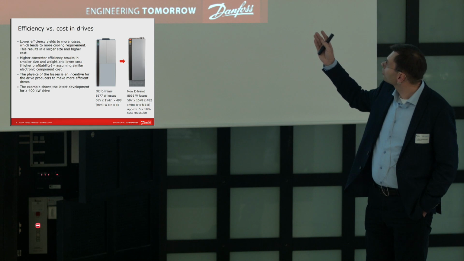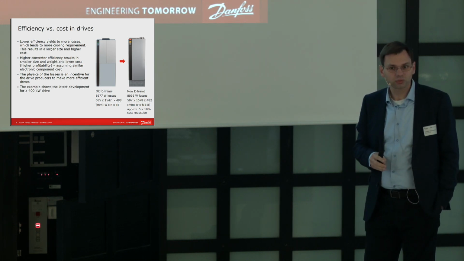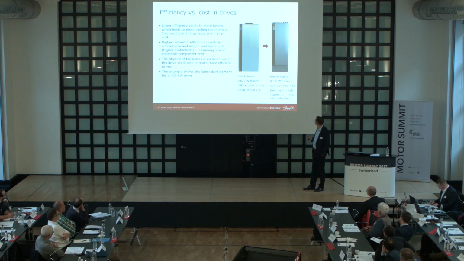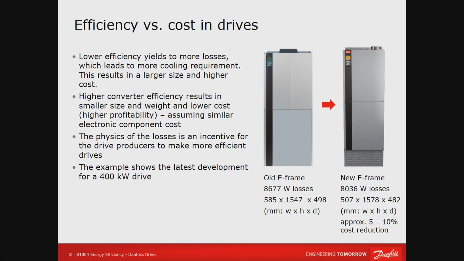Before, the old version had 8,600 watt losses. The new version had 8,000 watt losses. So we did this improvement because we wanted to make a smaller size. We wanted to reduce cost. We had approximately 5 to 10% cost reduction, and we achieved this by reducing losses.